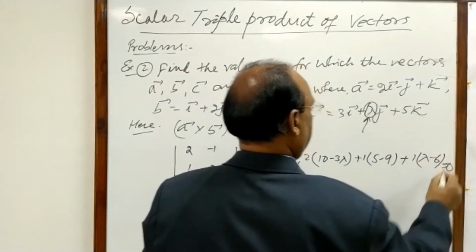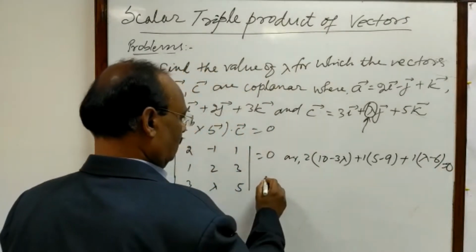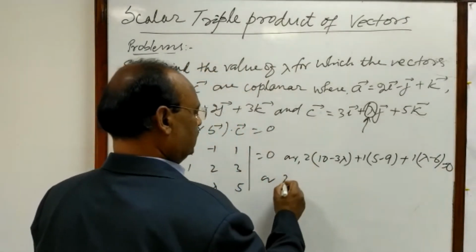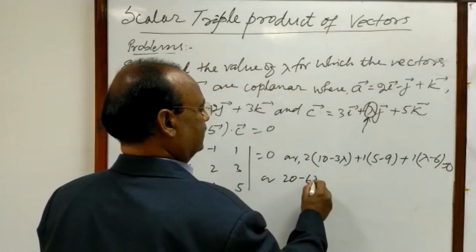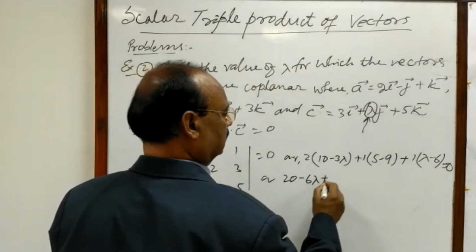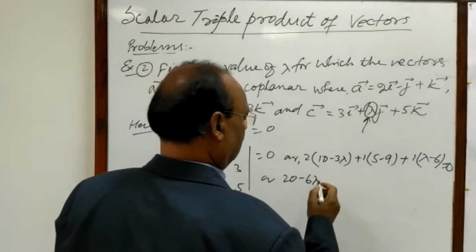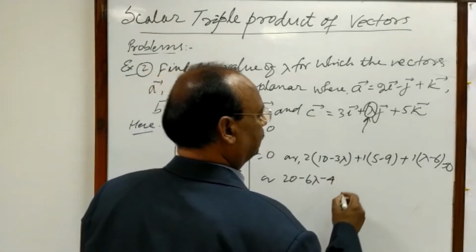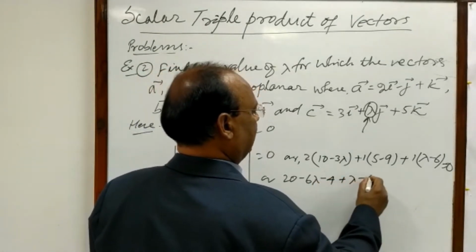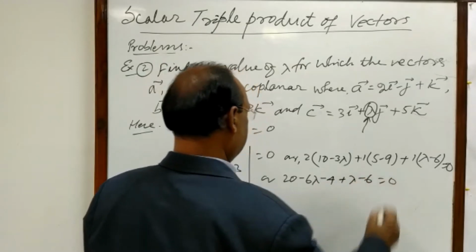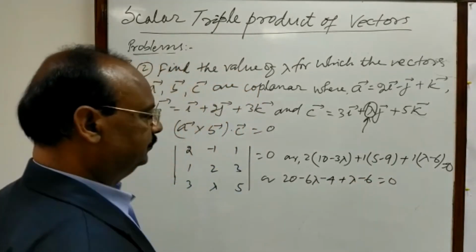This is equal to 0. Or this is 20 minus 6 lambda, it will be minus 4 here, this is minus 4 plus lambda minus 6. This is equal to 0.